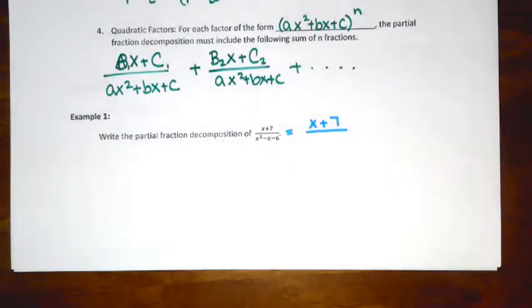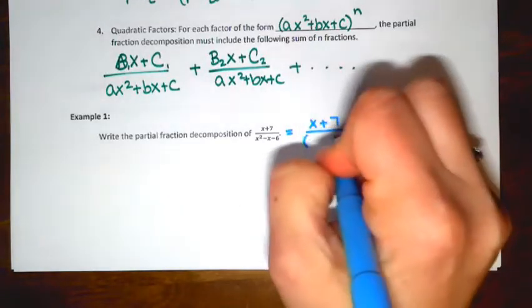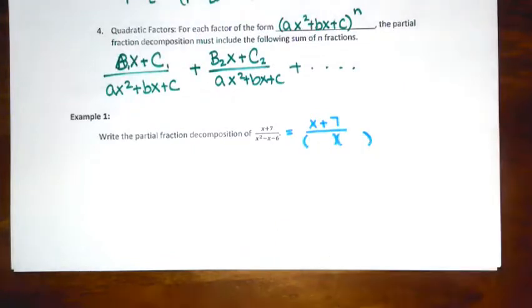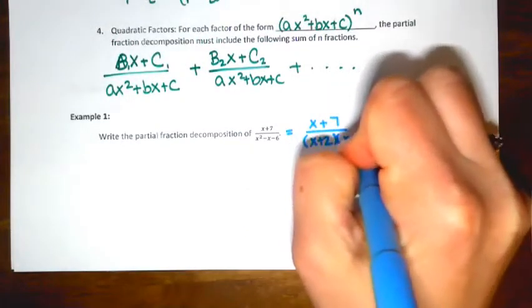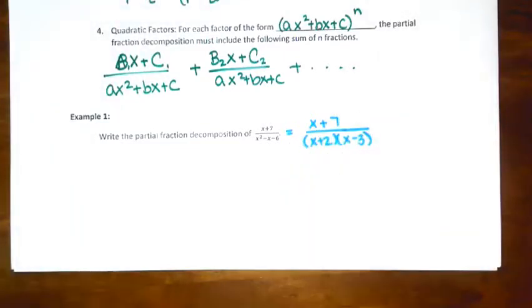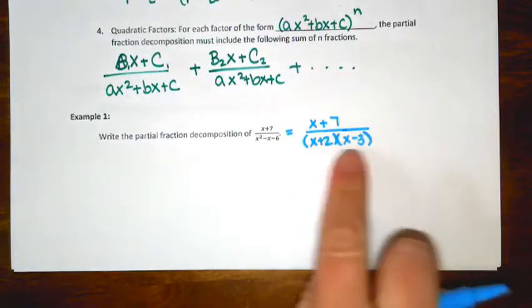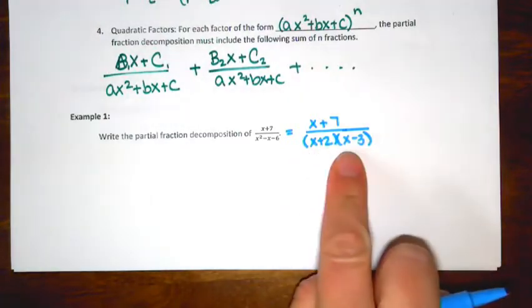And when you factored, what did you guys get? x plus 2, x minus 3. Got x plus 2 and x minus 3. Perfect. Is everyone okay with that? Now, this is my common denominator, right?